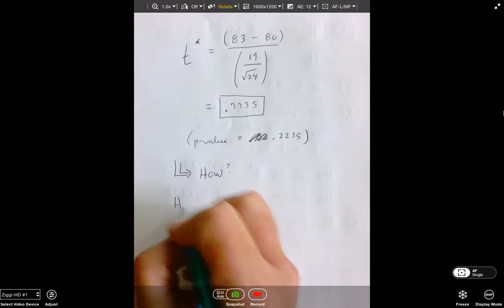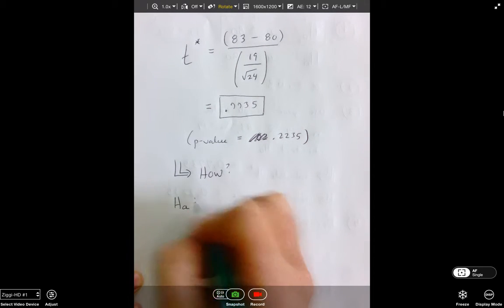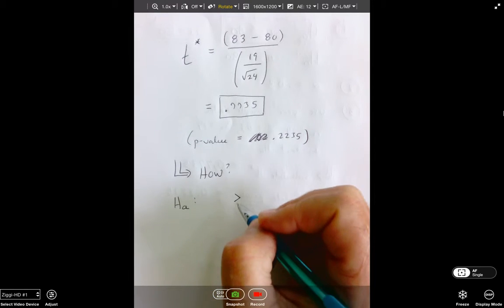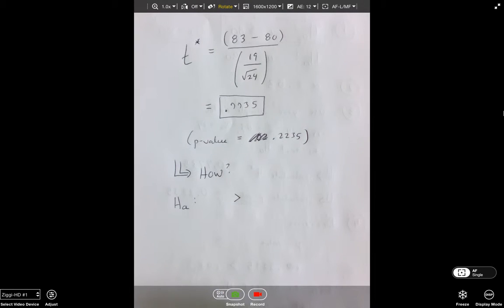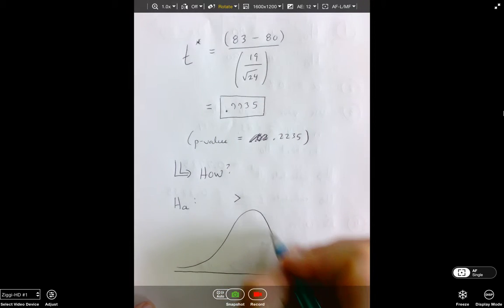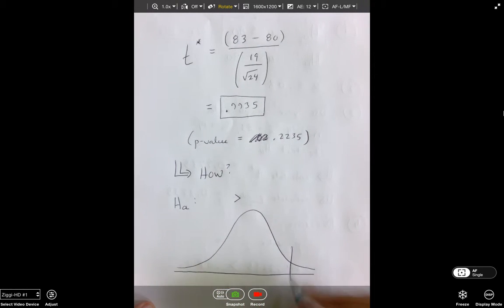Now, how did we get this? Well, when the alternative hypothesis is greater than, scored higher, we're going to calculate our p-value by finding the area to the right of our test statistic.